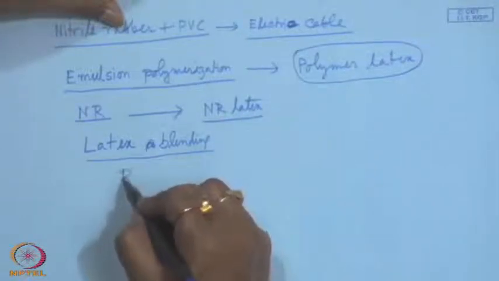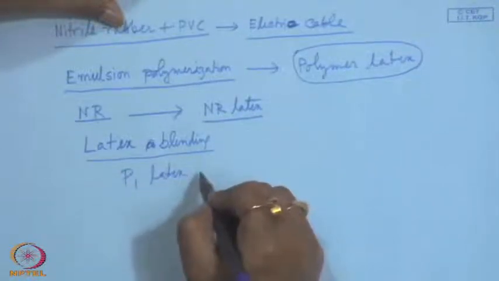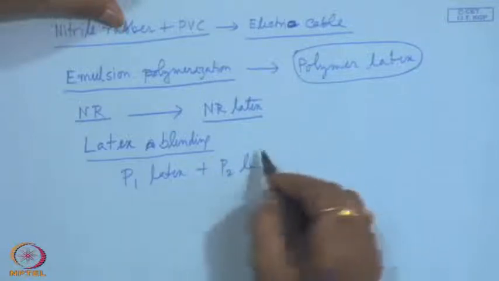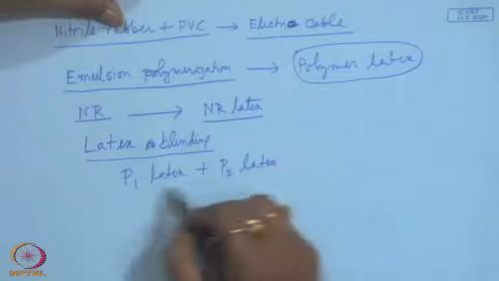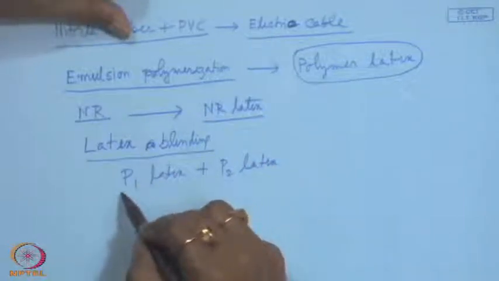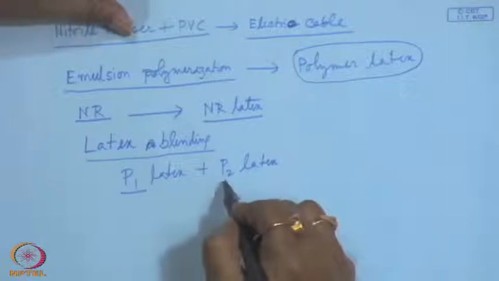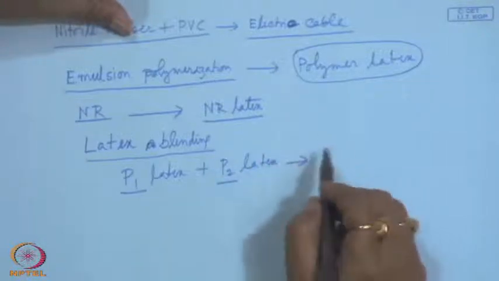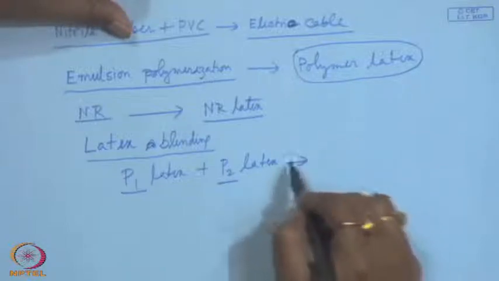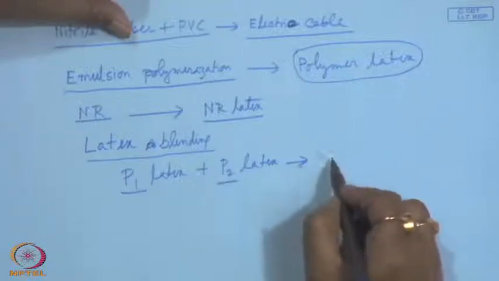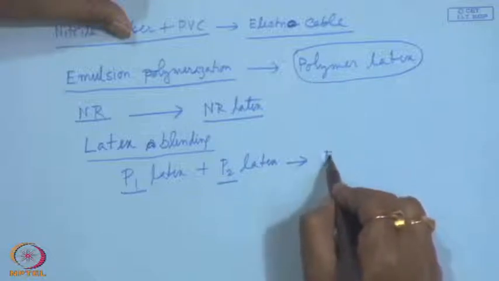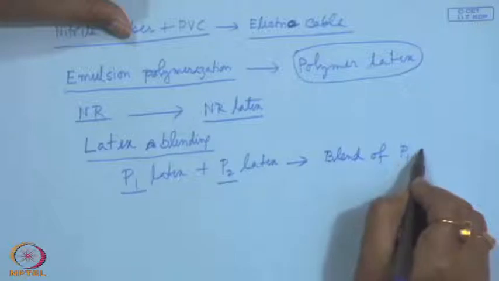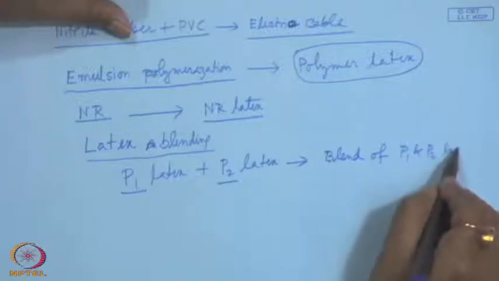That means, we can have a P1 latex, we can mix this P1 latex with the P2 latex, emulsion of P1 polymer can be mixed with emulsion of P2 polymer. Then after mixing in the latex stage, we can have a blend of P1 and P2 latex.